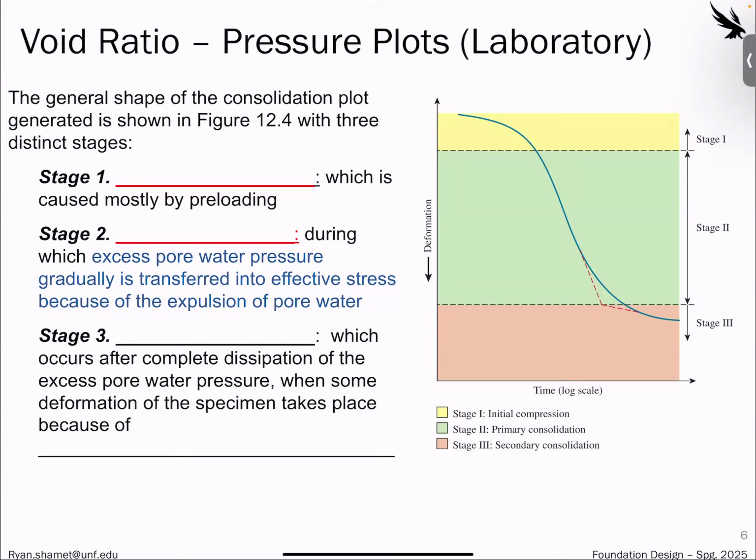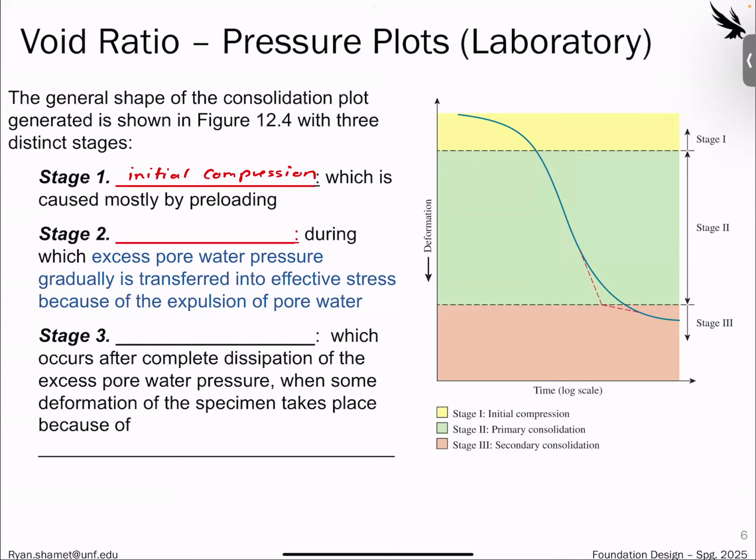The initial stage, stage 1 shown in yellow, is what we call initial compression. Now, this isn't true consolidation. This is caused by preloading, so the water moving around a little bit, or the soil slowly settling back into its spot as a result of just being a disturbed sample.